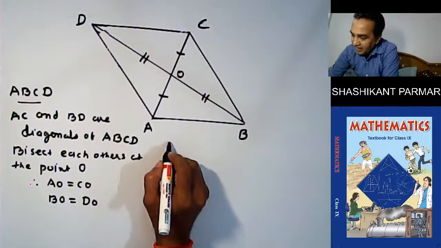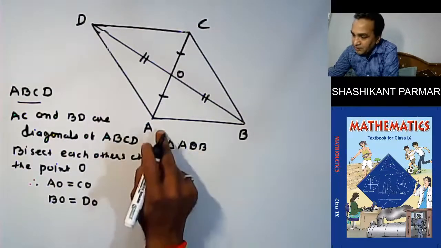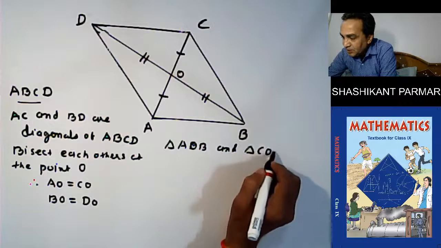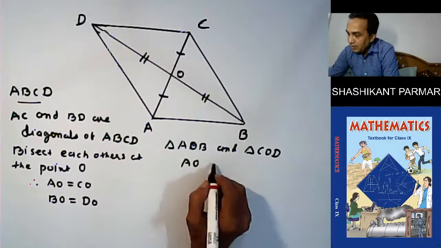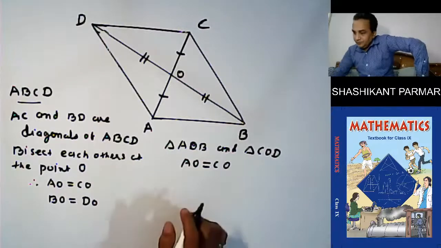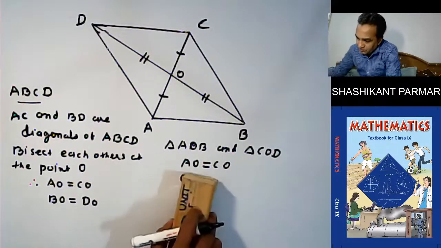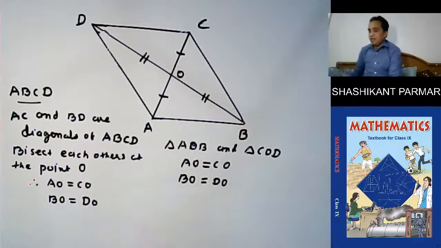Now see triangle AOB and triangle COD. AO and CO are equal, and BO and DO are equal.